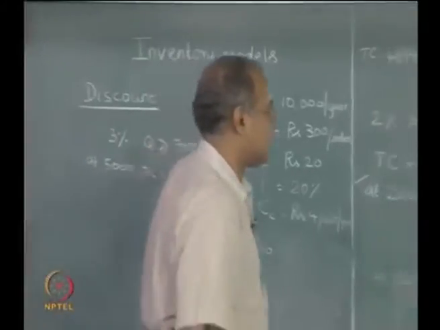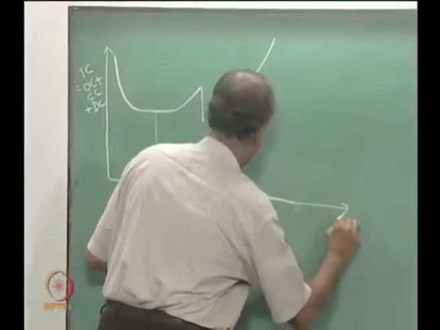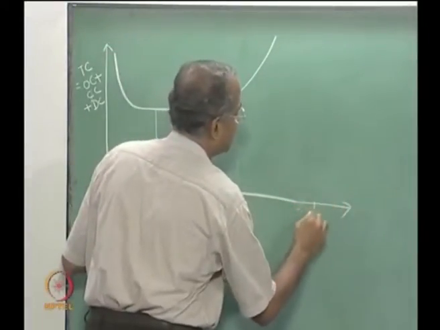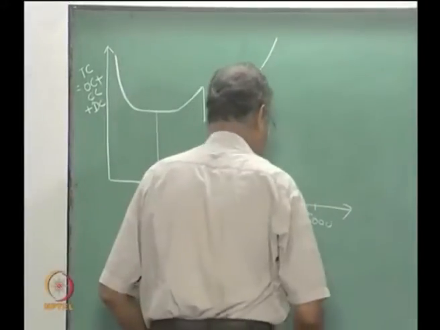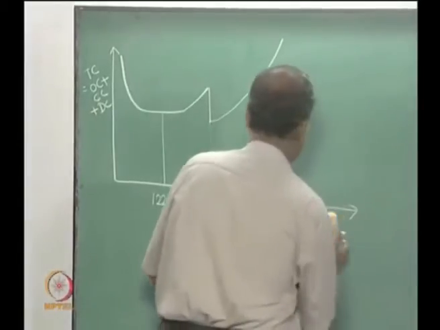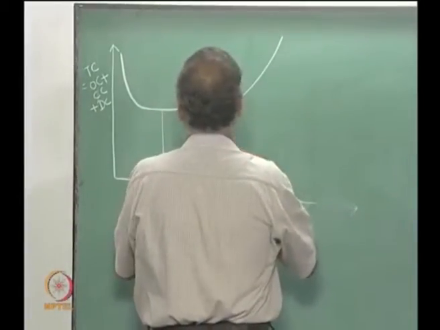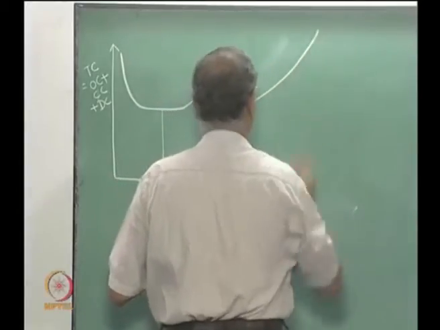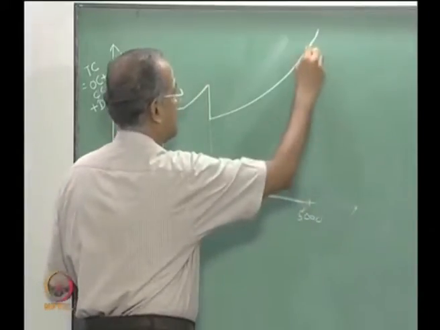To show it in this graph, let us say 5000 is somewhere here. So, it goes up.